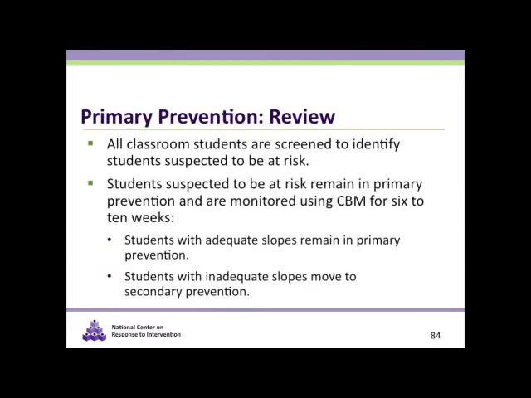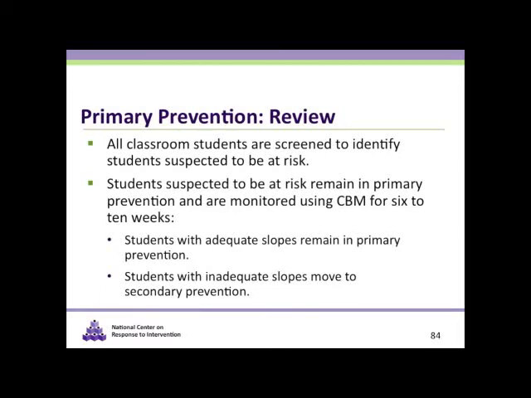Let's review primary prevention. All classroom students are screened, stage 1 of screening process or universal screening, in the fall to identify suspected at-risk students. The students suspected to be at risk are identified by low performance on reading or math CBM. Suspected at-risk students remain in the general education intervention and are monitored weekly using CBM for 6 to 10 weeks to confirm or disconfirm at-risk status.